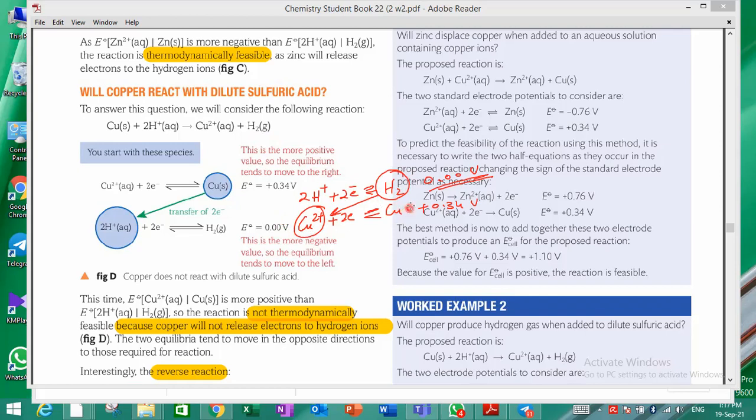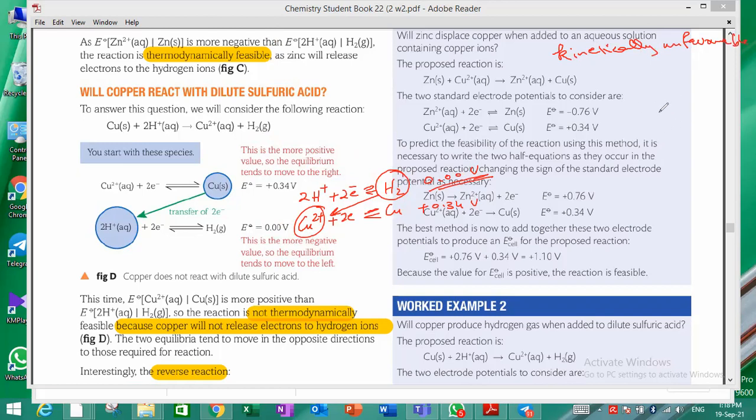Why? When we have a reaction that could be thermodynamically feasible, but really it does not take place, we say that it is kinetically unfavorable.